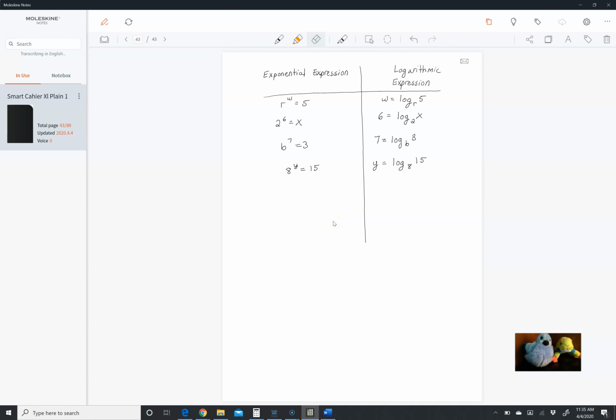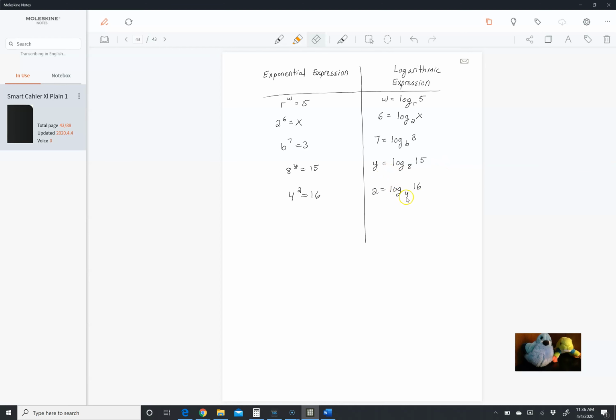If we have 2 is equal to log base 4 of 16. So notice what's going on here. The base of the exponential is the same as the base of the logarithmic. So we have 4. Purpose of a log is to solve for the exponent. So the solve for is 2. So it's 4 squared. And what is that equal to? The argument, which is 16. So notice this is what the log is saying.